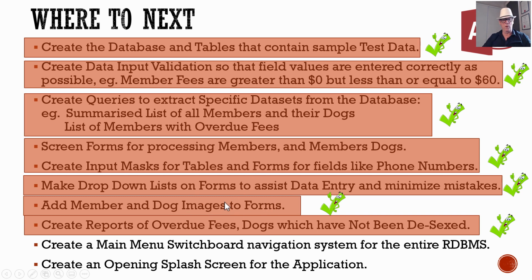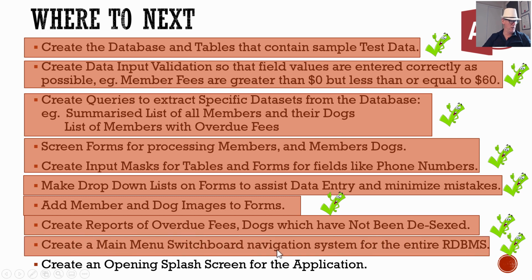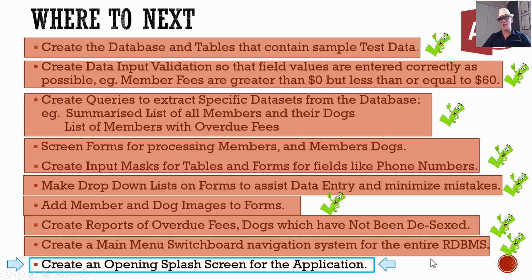Then our forms were all beautiful and finished and looked great. And today we've just done that main menu switchboard, which has taken just under an hour actually, which is good because I thought it would be a 1 hour straight up. And the last thing we've got to do is just create this opening splash screen and finish the application off. So congratulations if you've made it this far. You've done really well.